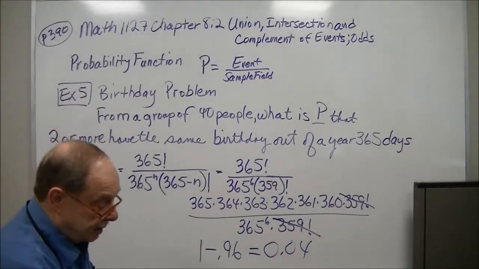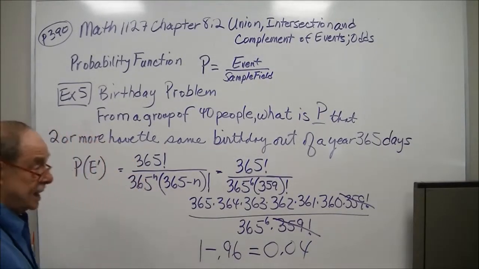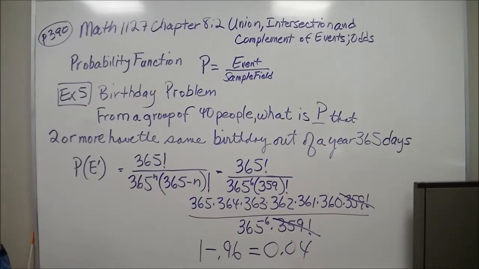So most of our college classes and most of our classes have about 25 people. So there's a 50% chance, a little bit better than that, that 2 of those people are going to have the same birthday.